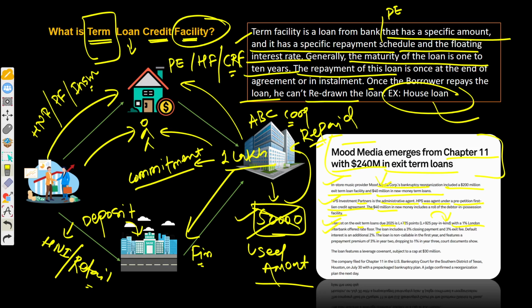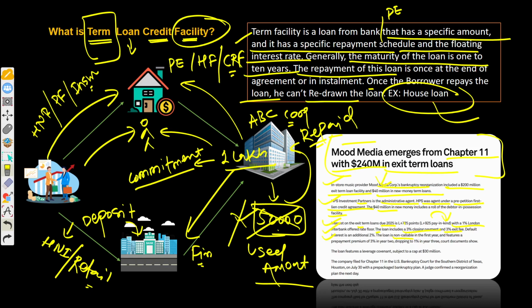All right. So the loan includes a 3% closing payment and 3% exit fees. On the $240 million amount, the institution will charge 3% closing fees and 3% exit fees, and the default interest payment is an additional 2%. The loan is non-callable. What it means is, once you repay, as I said, you cannot reuse it.